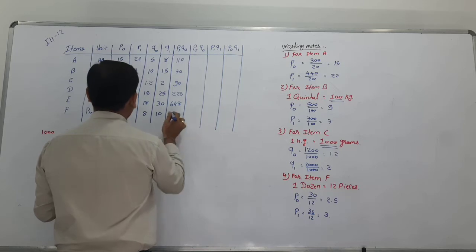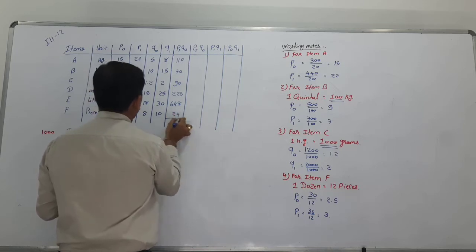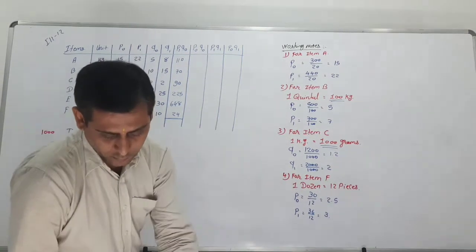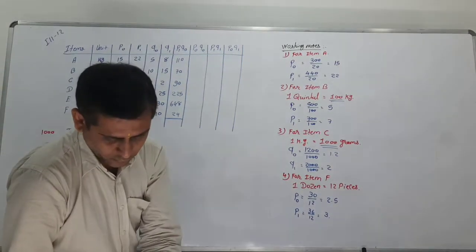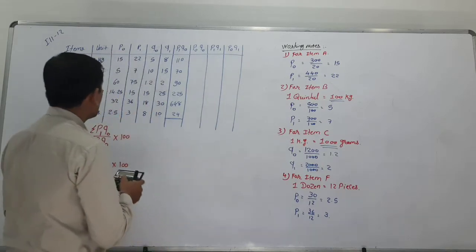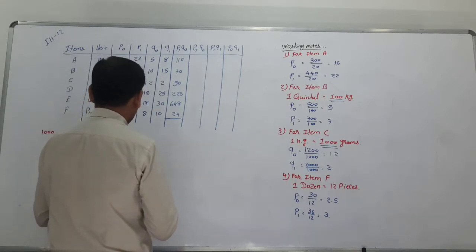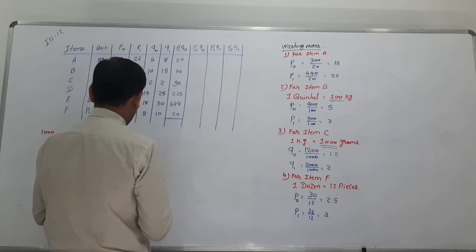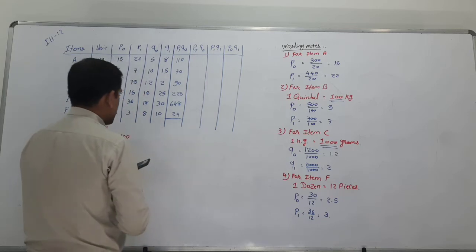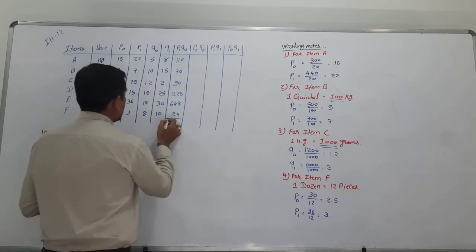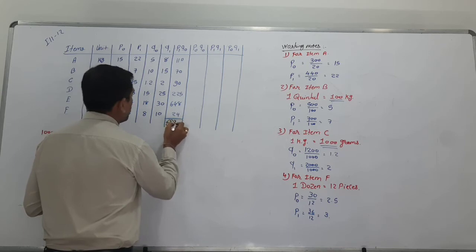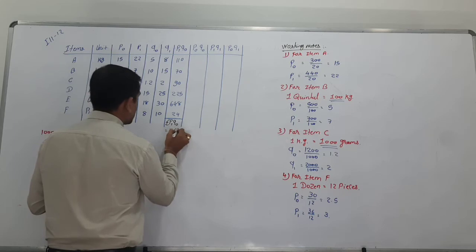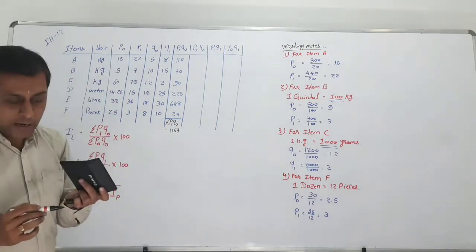And 3 into 8, 24. What is the total of that? 110 plus 70 plus 90 plus 225 plus 648 plus 24. The answer is, I am writing here, sigma P1 Q0, you have to write this compulsorily, is equal to 1167. That is your first column answer.